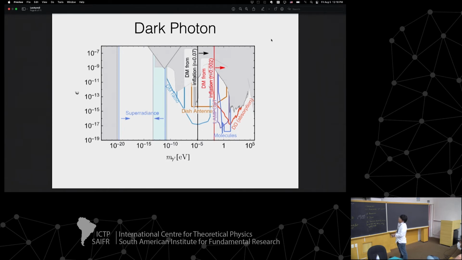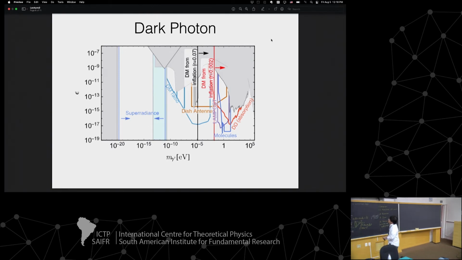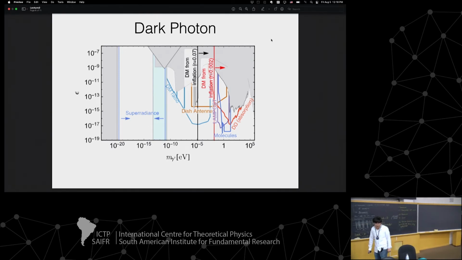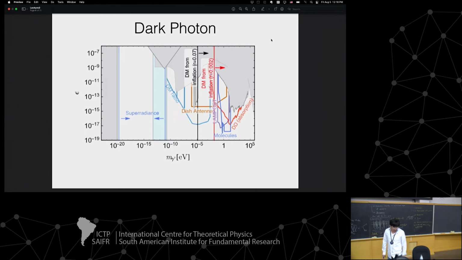It can be sensitive to axions, and anything that is sensitive to axions, with or without the B field, is also sensitive to dark photon. And all of these experiments, again, are resonant experiments, so that they can go as deep as you can, right? So this is basically the parameter space of dark photon, and we are looking for particles there too.